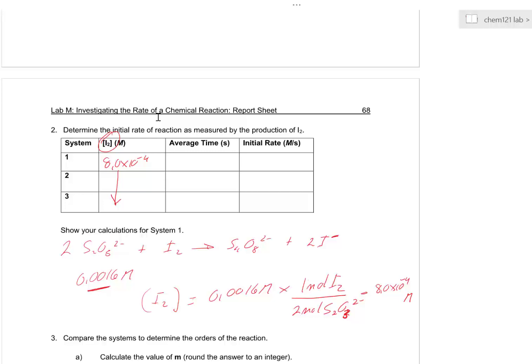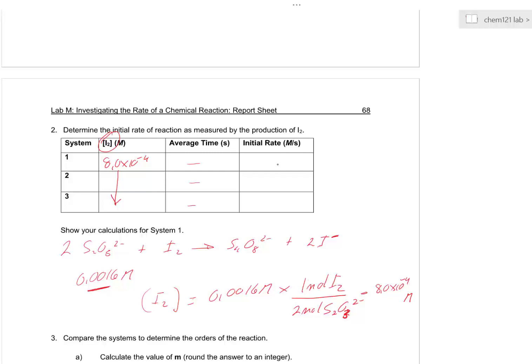Once we have the iodine concentrations and we have the respective average times, we can calculate the initial rates. Once you have that, then this is simply a typical initial rate problem. You have the concentrations of your reactants for system 1 and you'll have its initial rate.